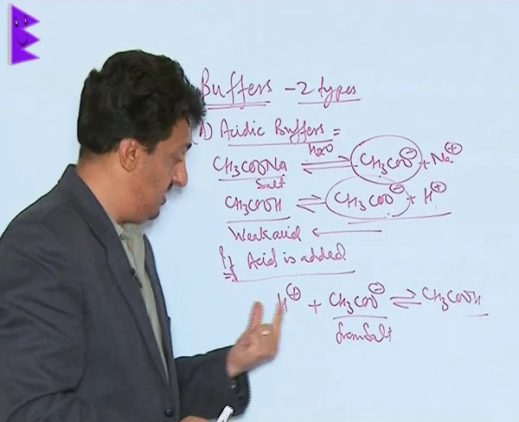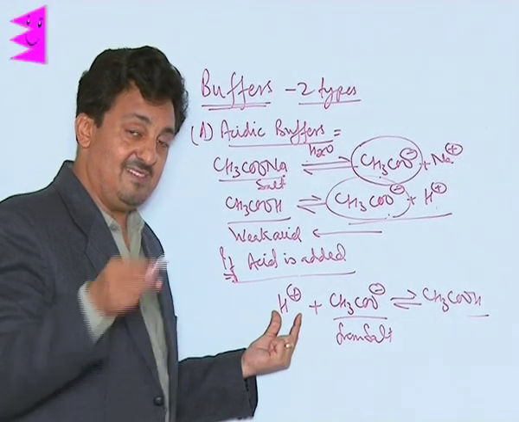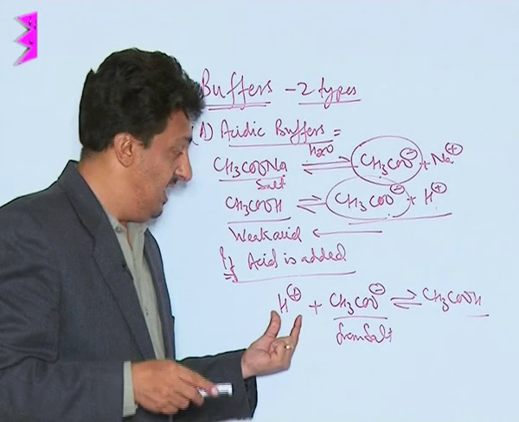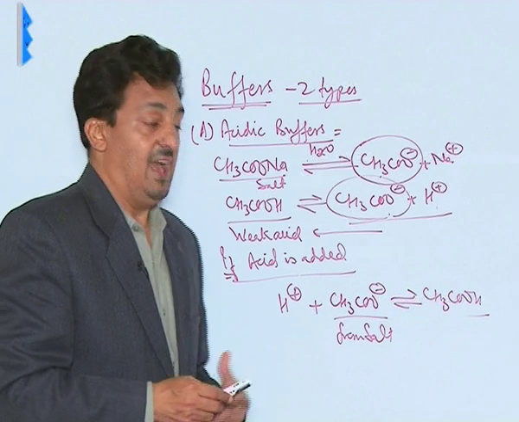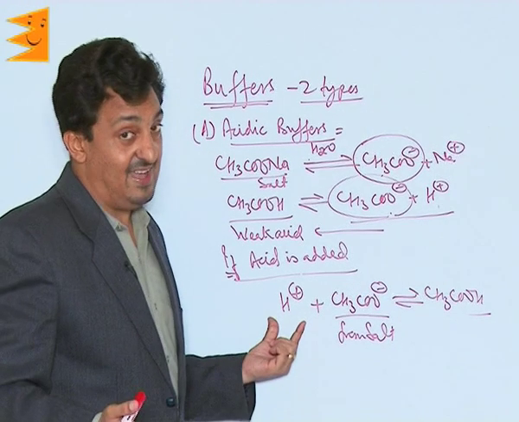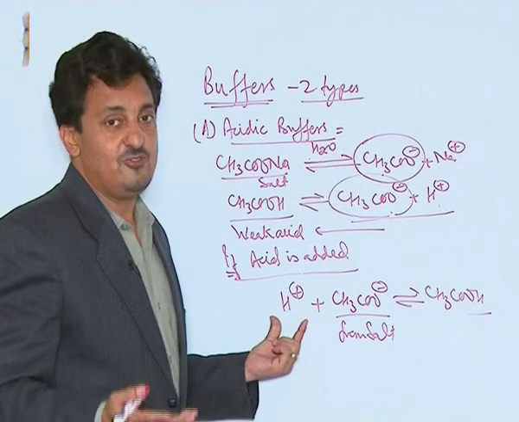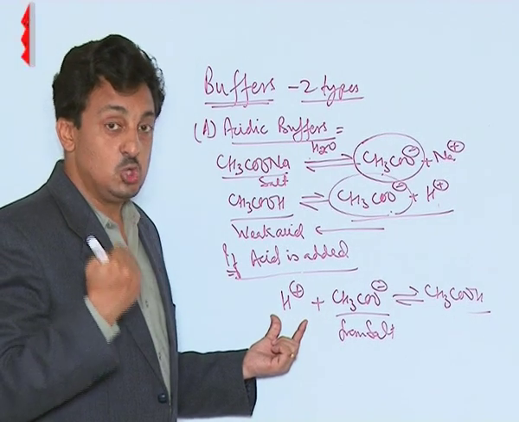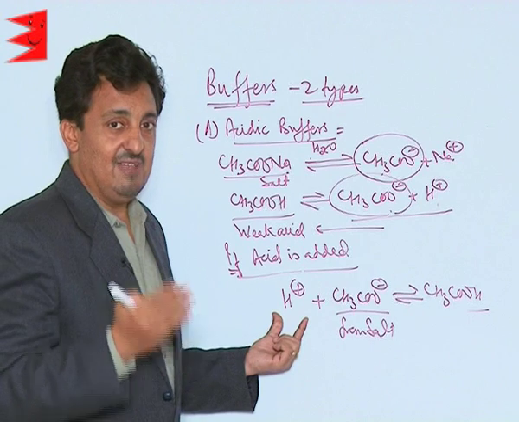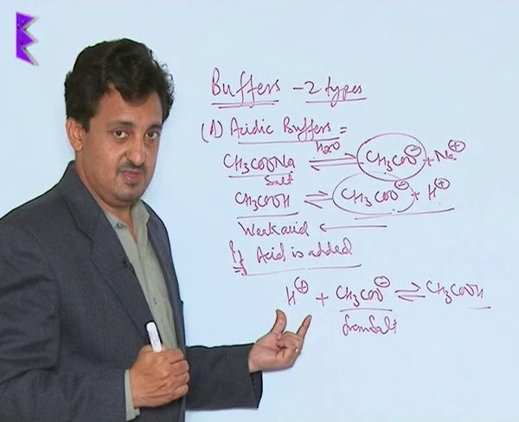So whatever small amount of acid or H plus ion is added immediately gets consumed by these acetate ions forming acetic acid, and since there is no net change in the H ion concentration, the pH is not going to change. This is how it can consume H ions and will not allow the change in the pH.